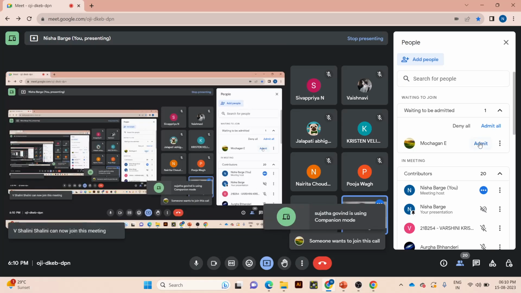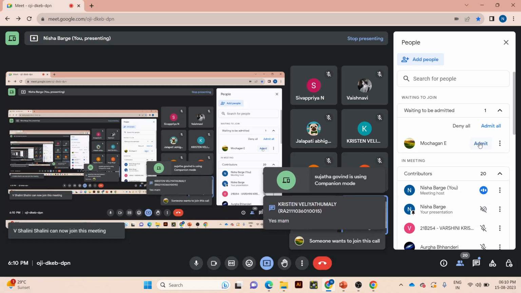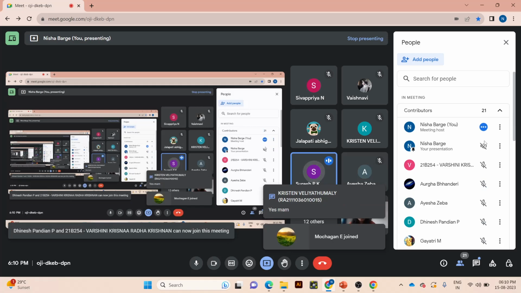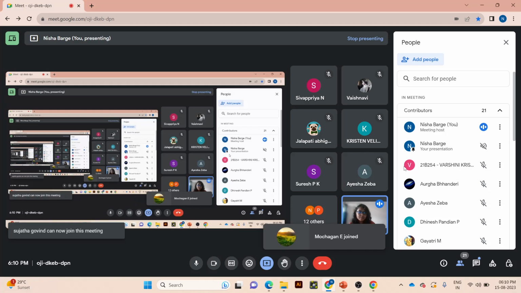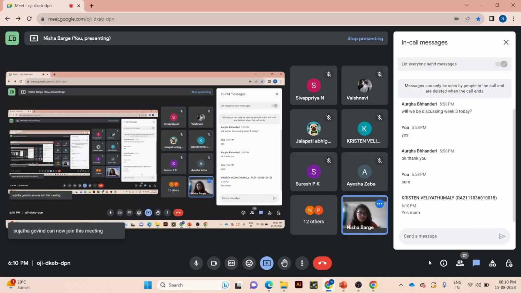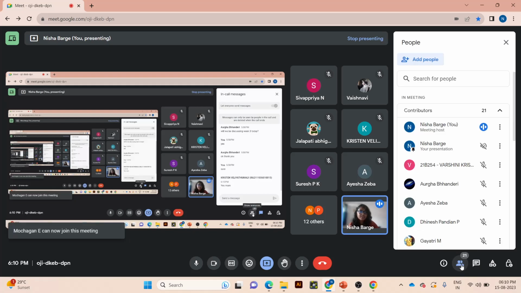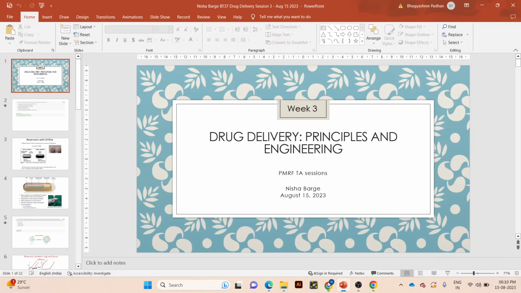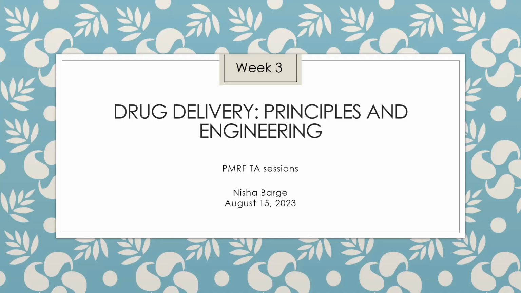Guys, am I audible? Yes. Just keep on switching in between these two screens. I cannot see you people when I'm in the slideshow mode. So instead of sending me a text or raising your hands, you can just unmute your mic and let me know if there's a problem. So I'll move on towards the assignment.